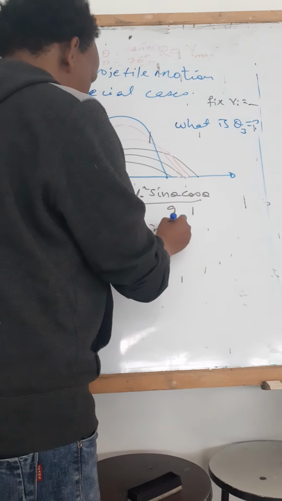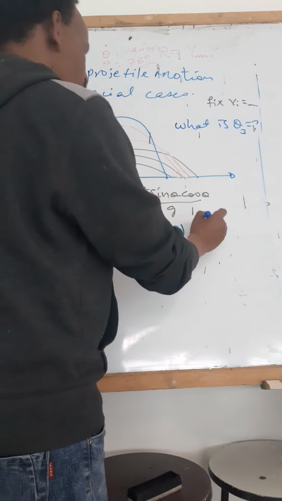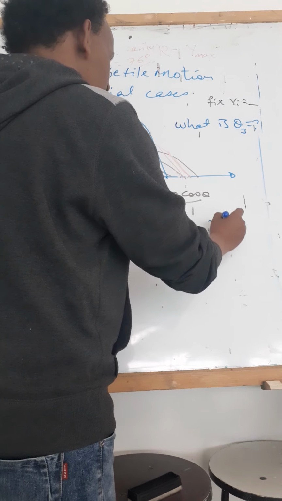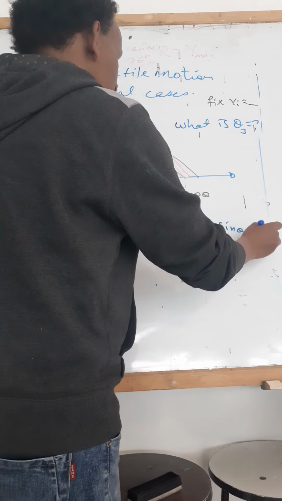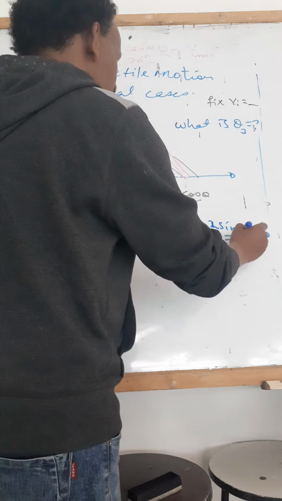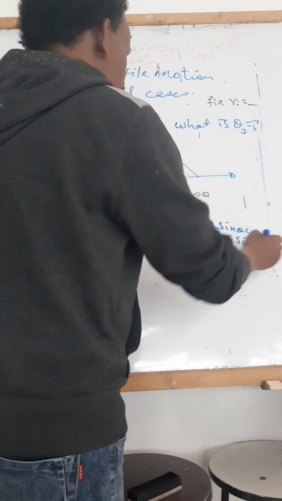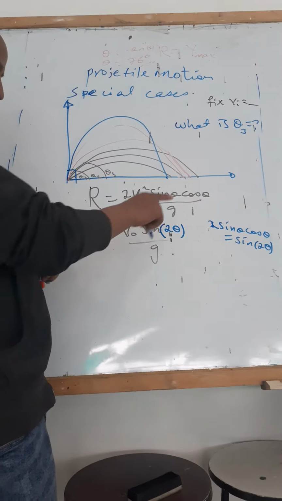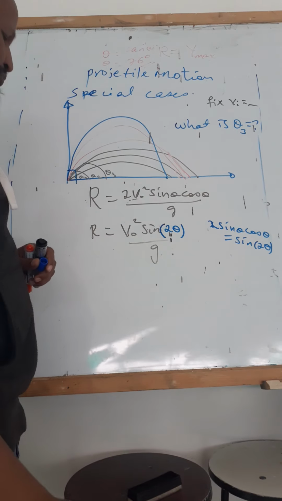We know that twice sine theta cos theta is equal to sine 2 theta from trigonometry. That's how we reduce the equation to this one.